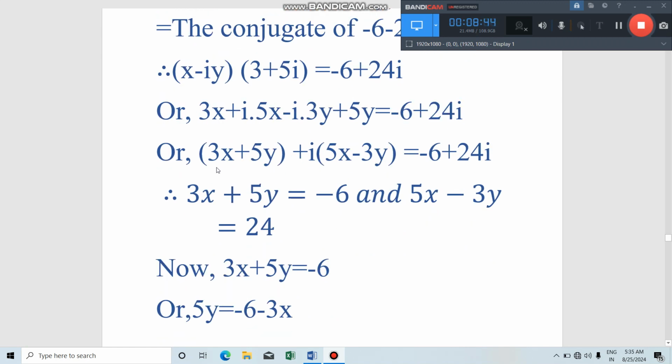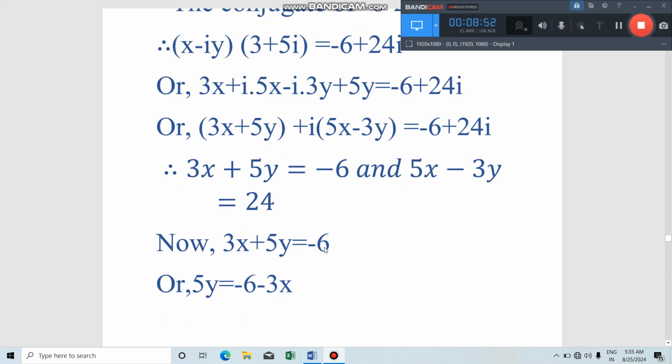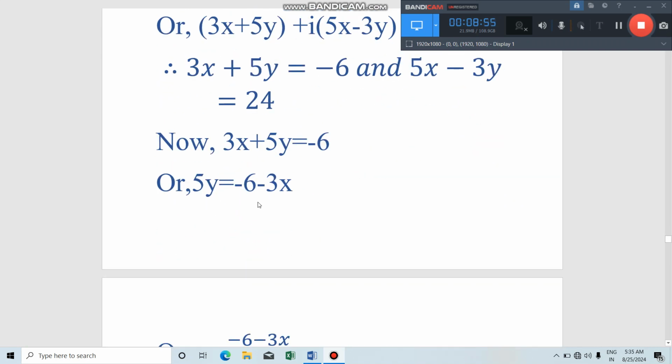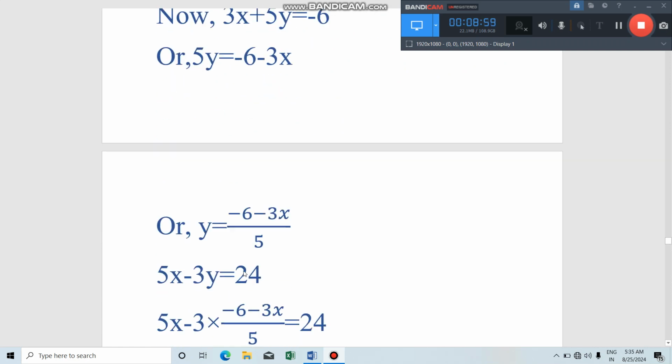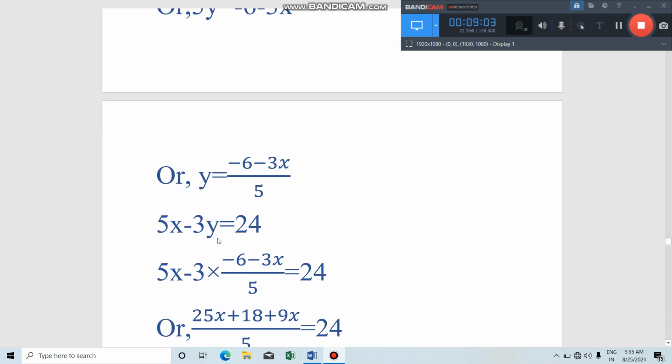So after comparing on both sides, we will get 3x + 5y equals −6 and 5x − 3y equals 24. Now 3x + 5y equals −6, so 5y equals −6 − 3x, or y equals (−6 − 3x)/5. Now 5x − 3y equals 24, so we will put the value of y here.